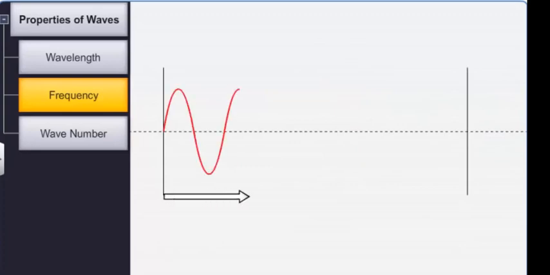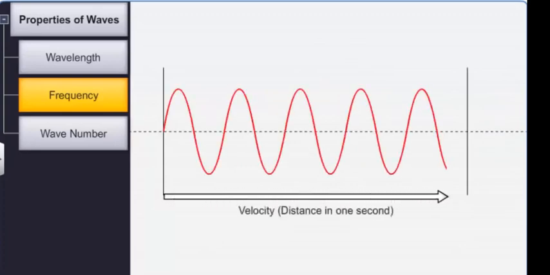See, velocity means what? Velocity means the distance traveled by the wave, how much distance it travels in 1 second, that is the velocity. Clear? Wavelength means this is the wavelength. Frequency means within 1 second how many waves traveled, the number of waves, that is the frequency. Now velocity is how much distance traveled. So okay, lambda, c and nu, do you understand the relation of these three now?